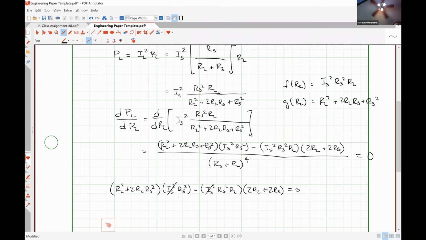There's a common factor of RS squared in both terms that we can get rid of easily.